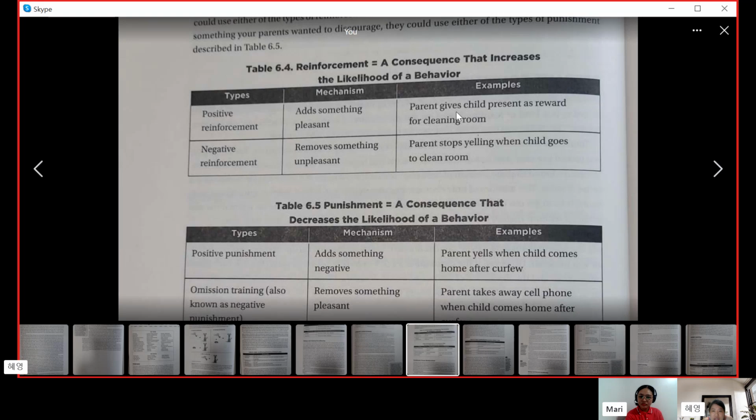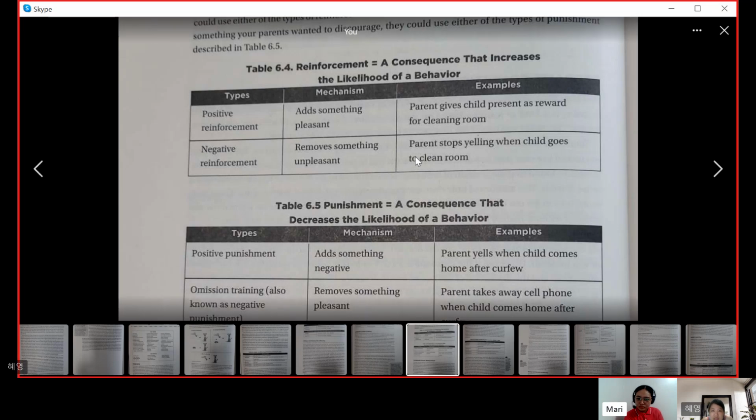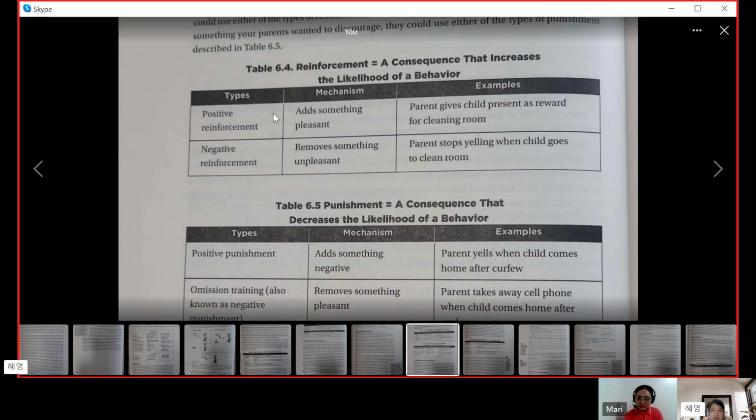So parents give children presents as a reward for cleaning their room. And parents stop yelling when the child goes to clean the room. So these are the differences between positive and negative reinforcement.